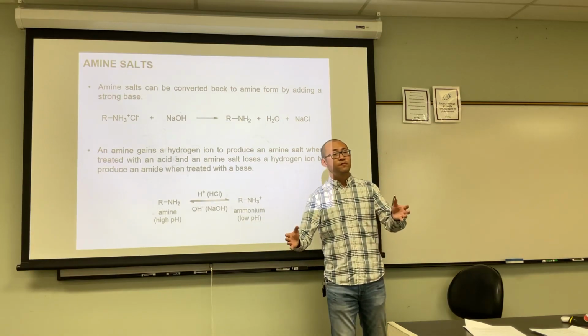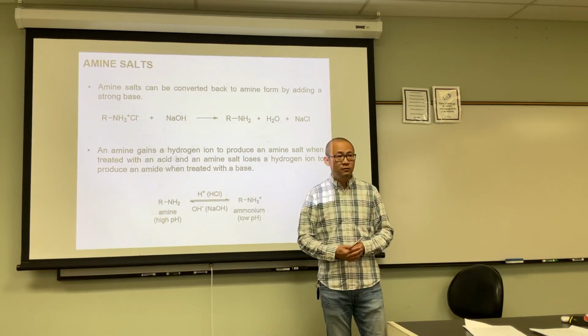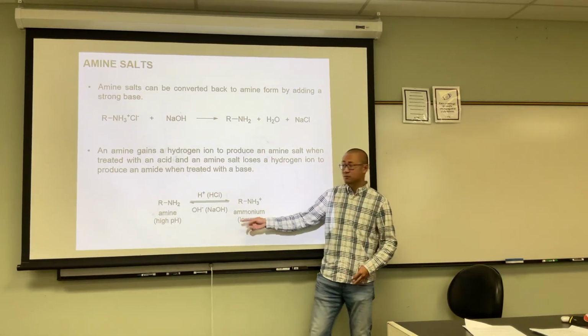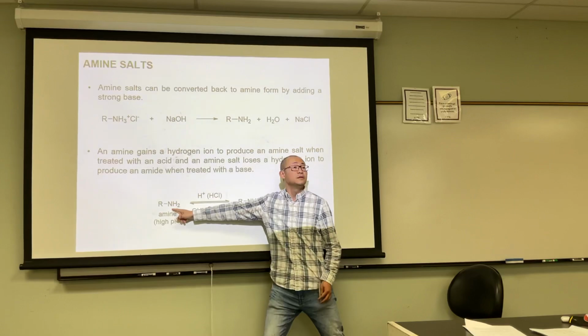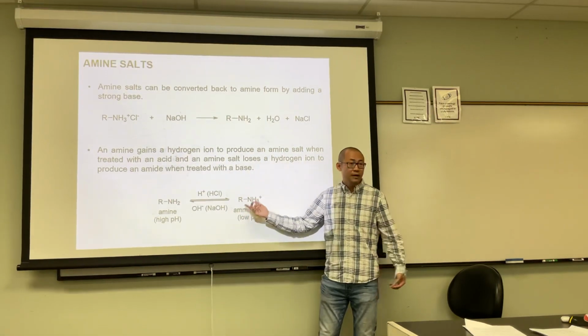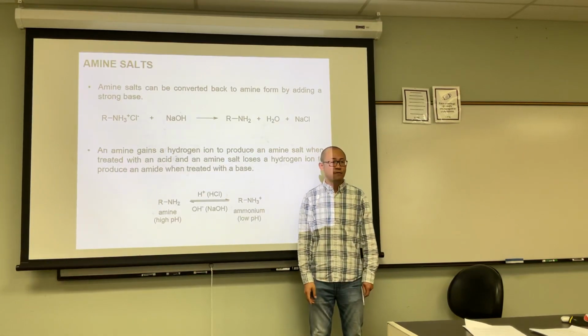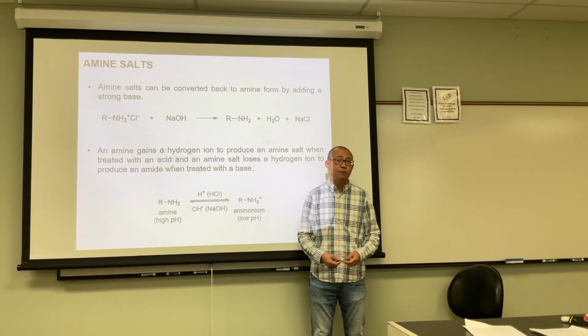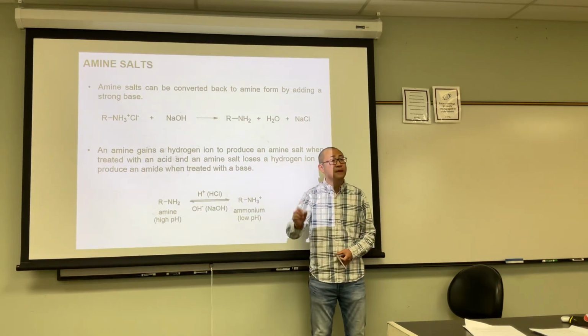The reason I bring up pH is that under physiological conditions, the amine can take different forms. Under high pH, it will remain in this form. Under lower pH, it will remain in that form. Our physiological pH is around 7.35, which is slightly basic.